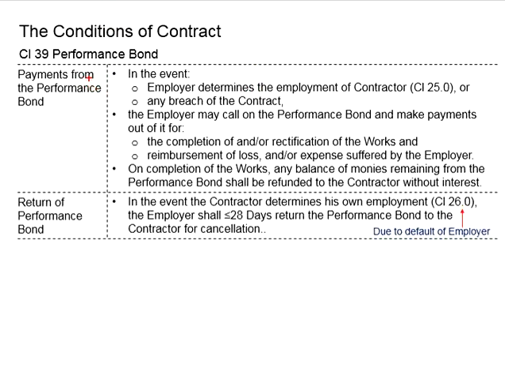Next, we talk about the payments from the performance bond. In the case that the employer determines the employment of the contractor, or in the case that there is a breach of contract, the employer may call on the performance bond and make payment out of it.